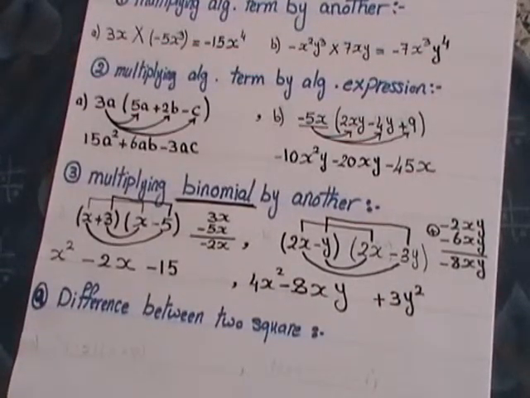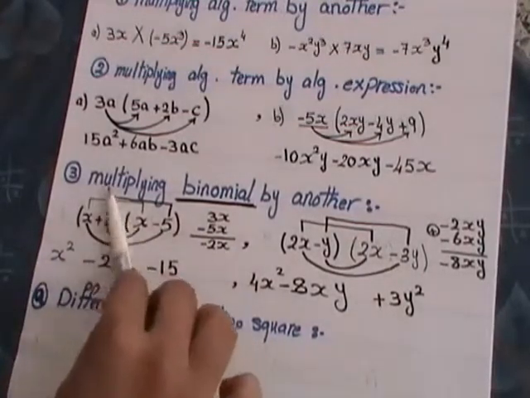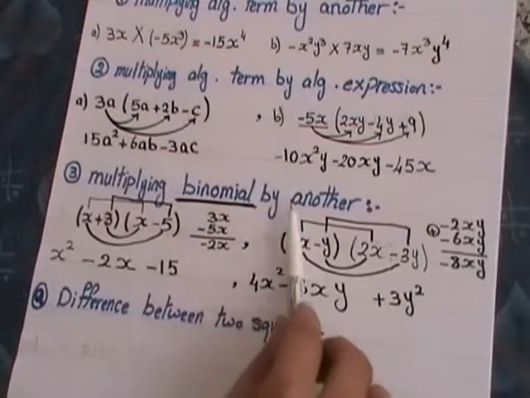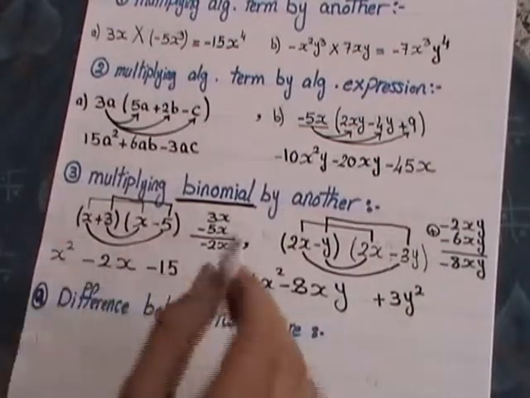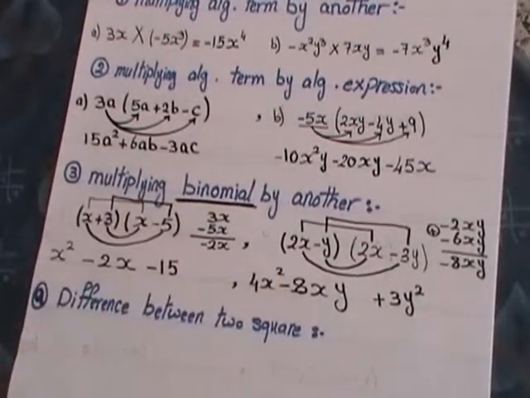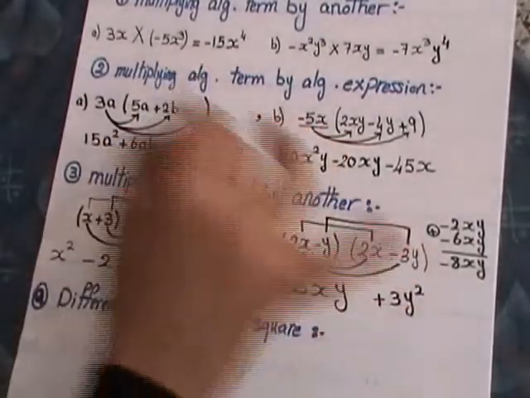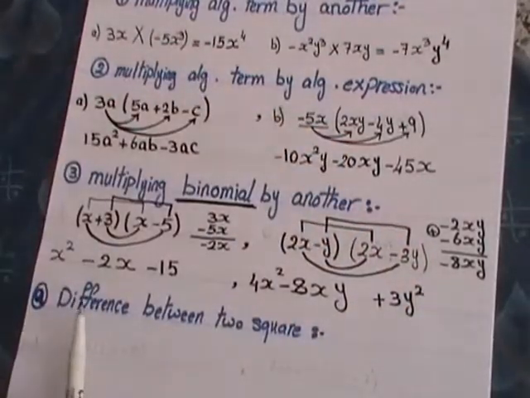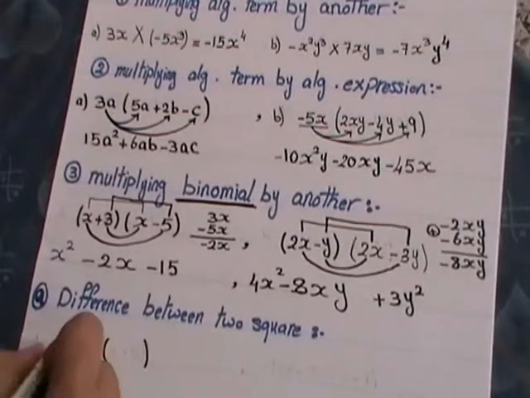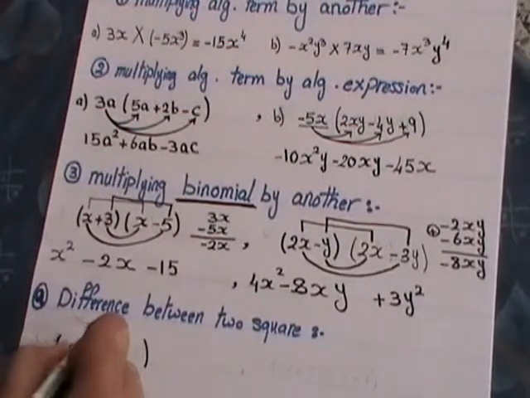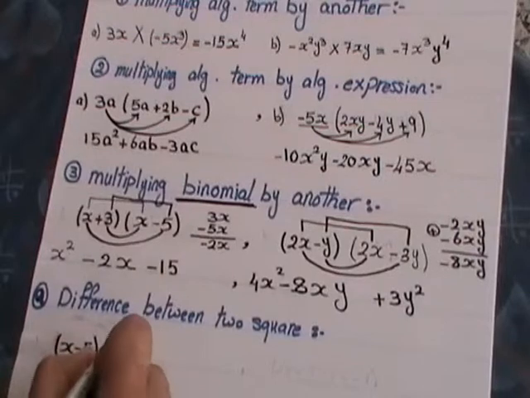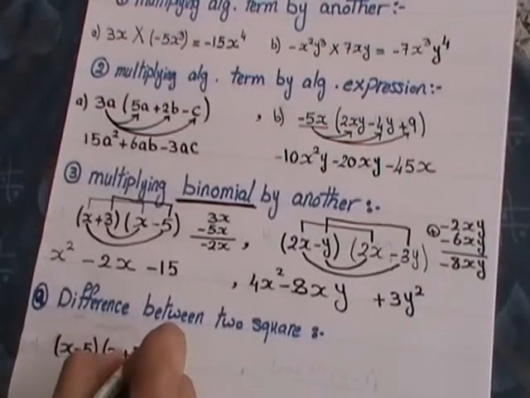We have gone through these two problems, which are in general multiplying one binomial by another, the general form. We have two special cases on multiplying binomials. The first case is called the difference between two squares. Why? We have here x minus 5 and the other bracket is x plus 5.